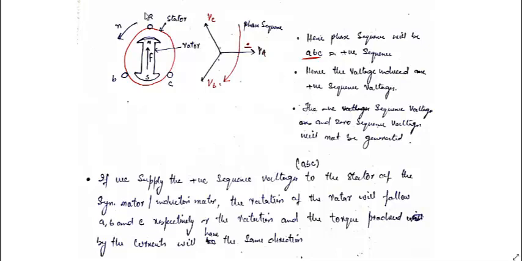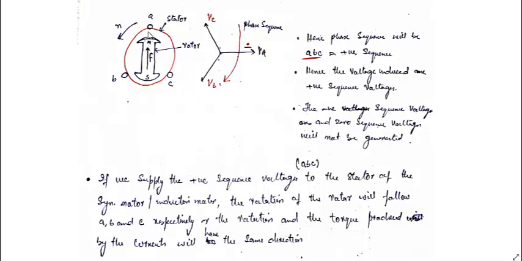And since the voltages are also induced in the same manner, we can say that the voltages induced are positive sequence voltages. Now negative sequence voltage means if we rotate in this direction, first the maximum peak will occur for this, and then the maximum peak will occur for this, and then the maximum peak will occur for this.